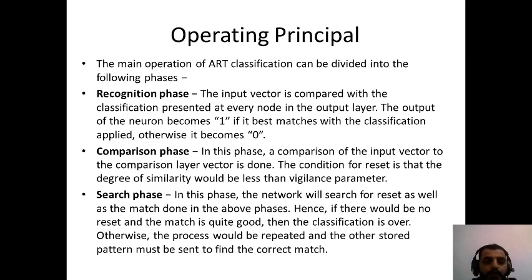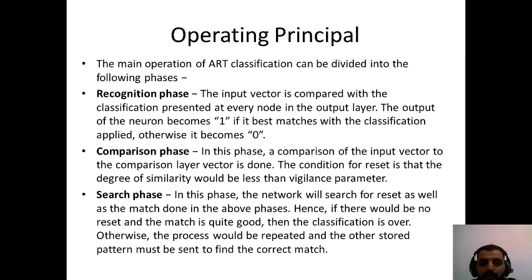The next phase is the comparison phase, in which a comparison of the input vector to the comparison layer vector is done. The condition for reset is that the degree of similarity is less than the vigilance parameter. The third phase is the search phase.